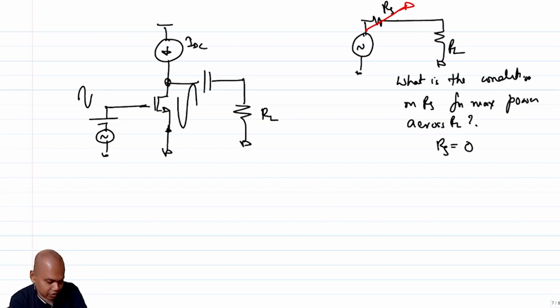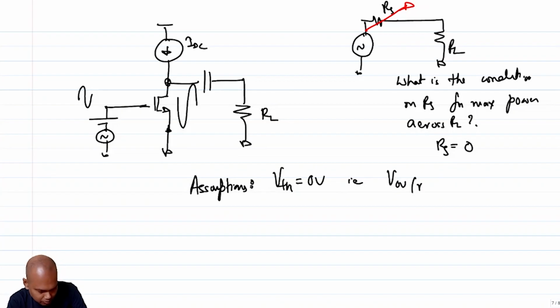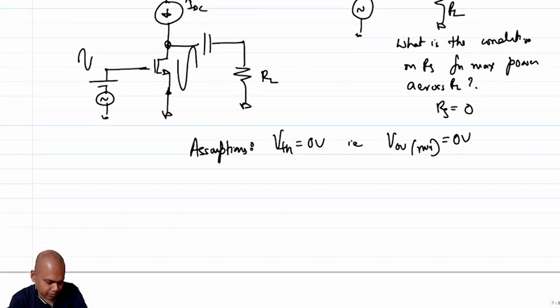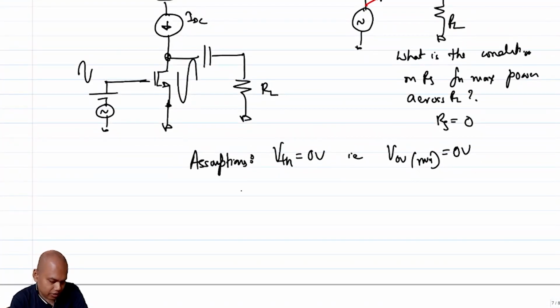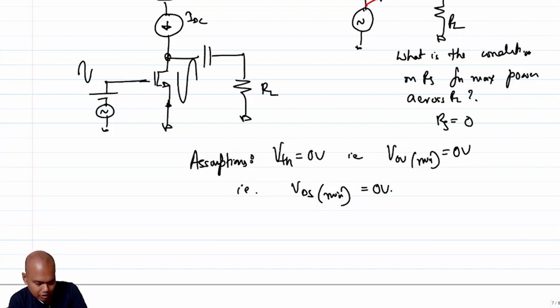So let's further assume, with simplifying assumptions, that the threshold voltage is 0 volt, which means that your overdrive can be as low as 0 volt, i.e. V overdrive min can be 0 volt, which means that VDS min can be 0 volt.